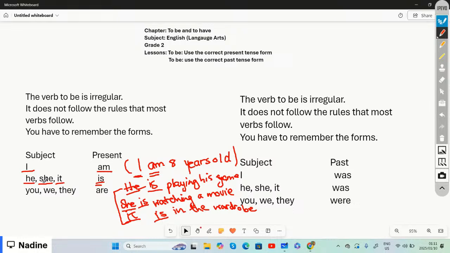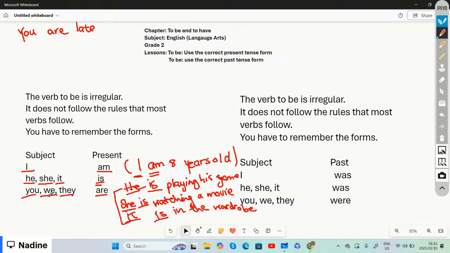And then we use the subject you to refer to somebody else, we which refers to more than one of us, or they which refers to them, two or more people over there that do the action. So if we want to say you, then you say you are. It's like saying you are late.